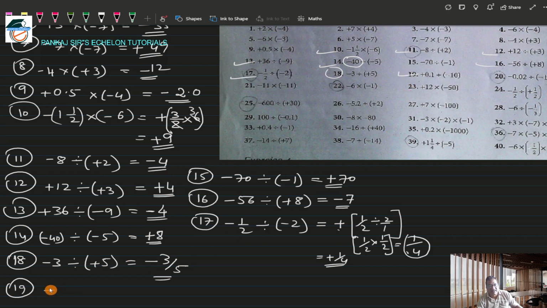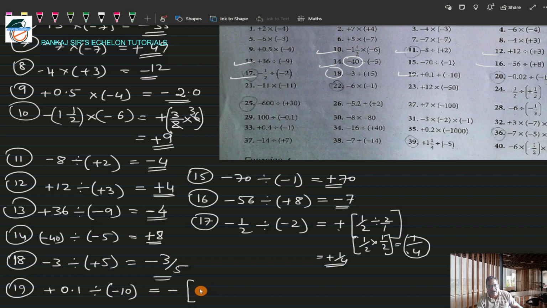Okay, now 19th. 19th is plus 0.1 divided by minus 10, I suppose, right? Minus 10. Okay, so plus divided by minus will be a minus, and 0.1 divided by 10.